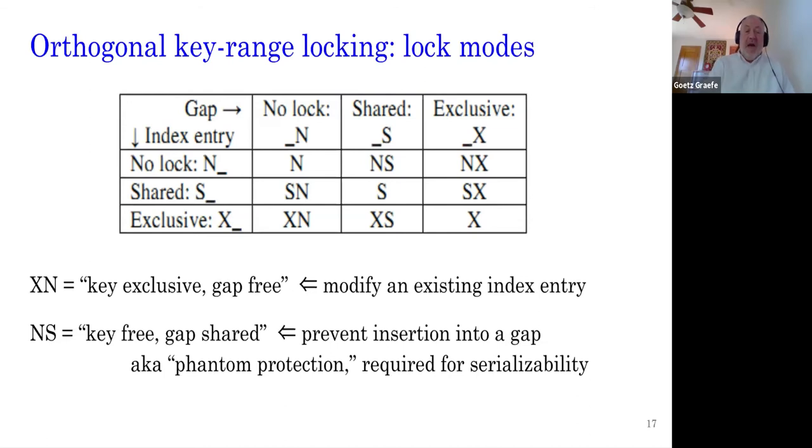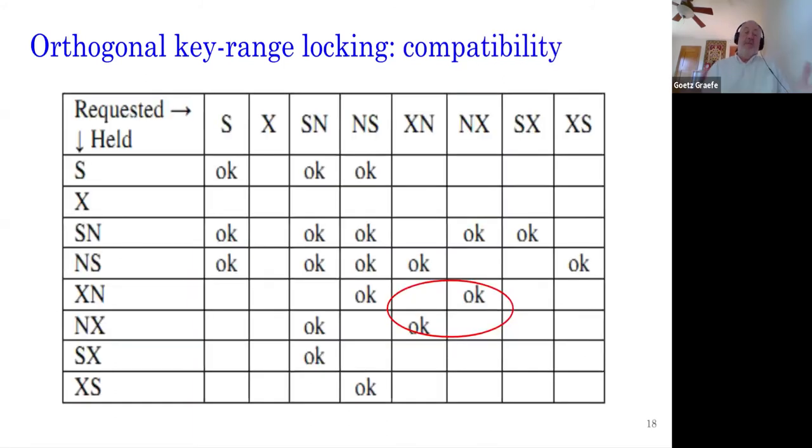Now, if you have this many lock modes, you say, how complicated is a compatibility matrix going to be? And it's perhaps a little big, but it's not complicated, because two locks are compatible if the two first parts are compatible and the two second parts are compatible. So let's take this field here.